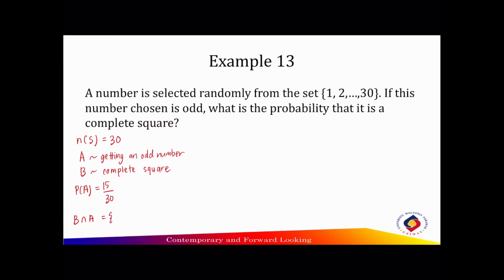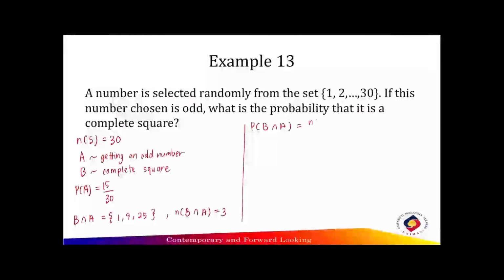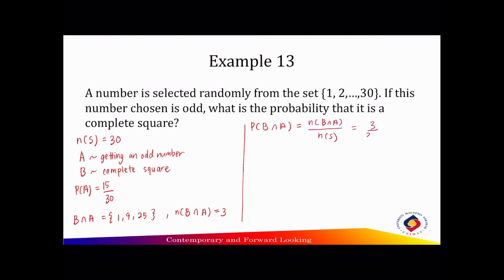The outcomes that we can list down here are 1, 9, and 25. Hence, the number of outcomes for B intersect A is equal to 3. Thus, P(B intersect A) is equal to n(B intersect A) over n(S), which is 3 over 30.